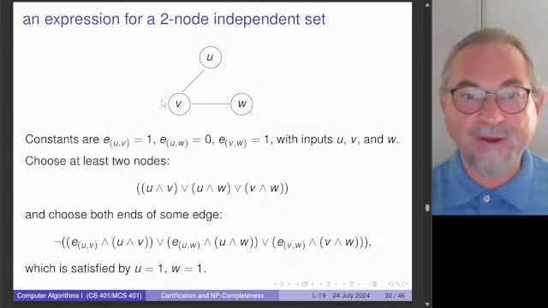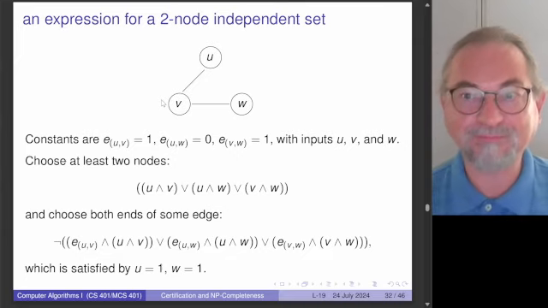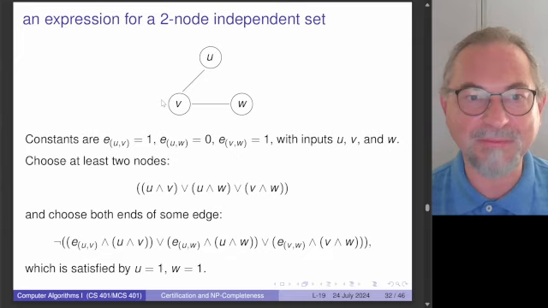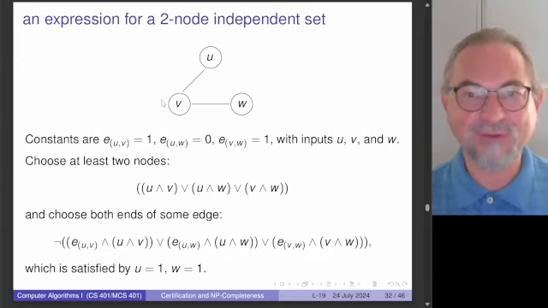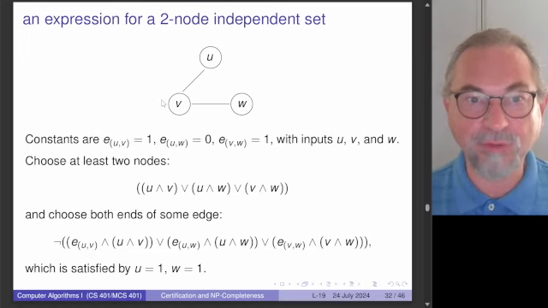Just to verify here, this is the problem we just solved. I know it's a simple problem, but the slide was just long enough to draw this entire circuit. So we have U and W as the two-node independent set.